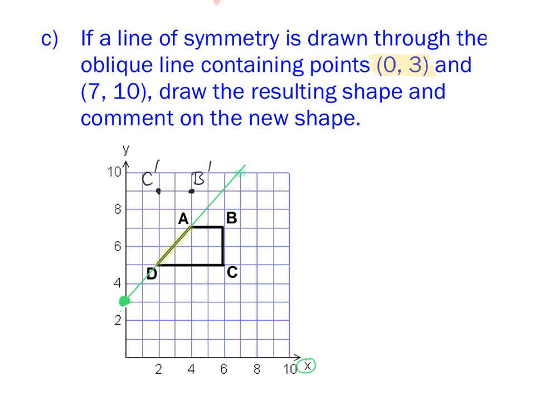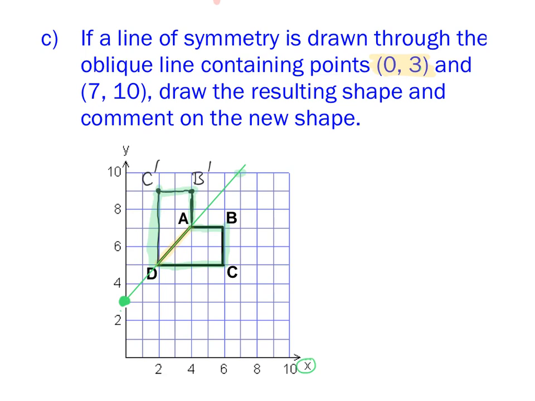A and D live on that line of reflection. So now we can draw the resulting shape. We get that. And if we take a look at the combined shape, one side, 2 sides, 3 sides, 4 sides, 5 sides, and 6 sides.